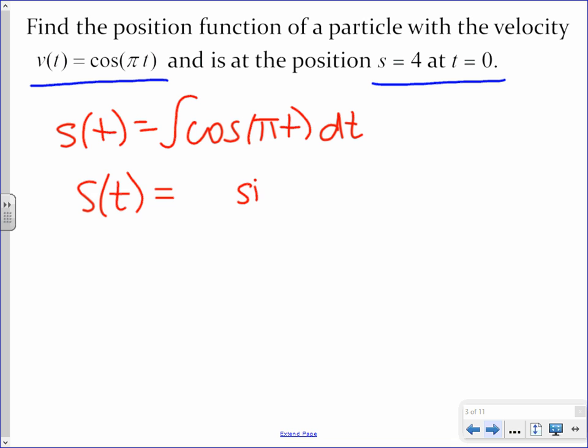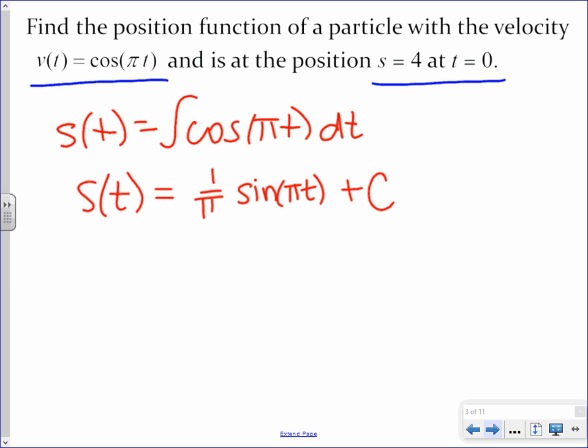Sine. Antiderivative of cosine is sine. We have to take into account that chain rule with the coefficient in front of t. So 1 over pi sine of pi t plus c.